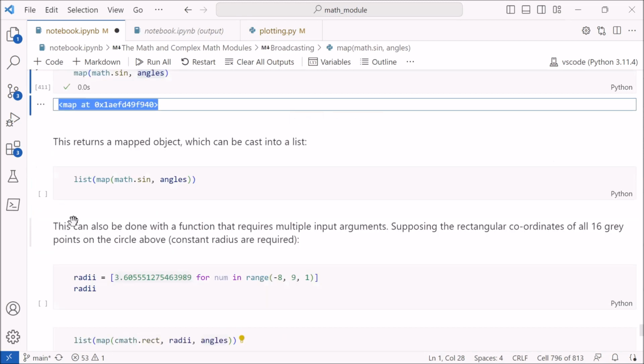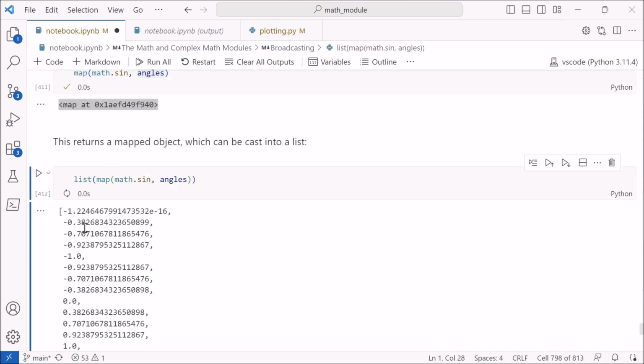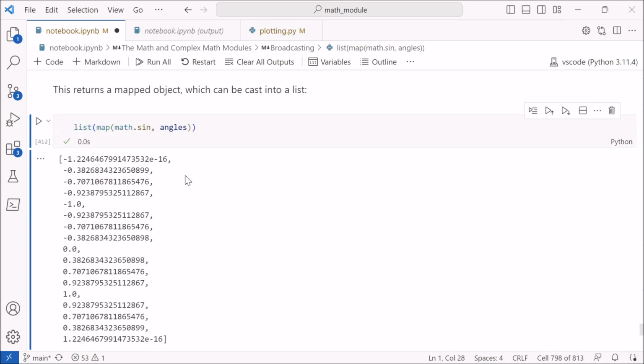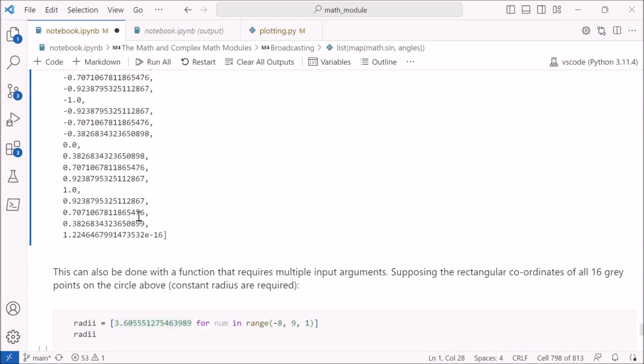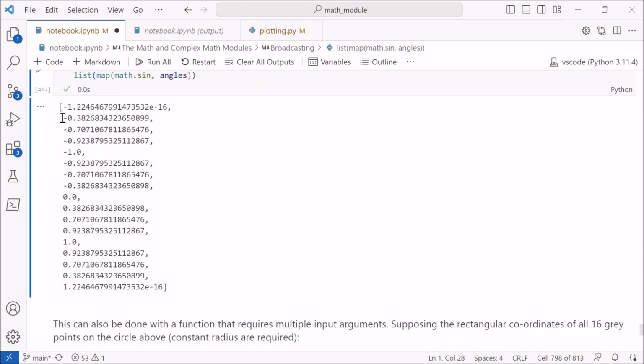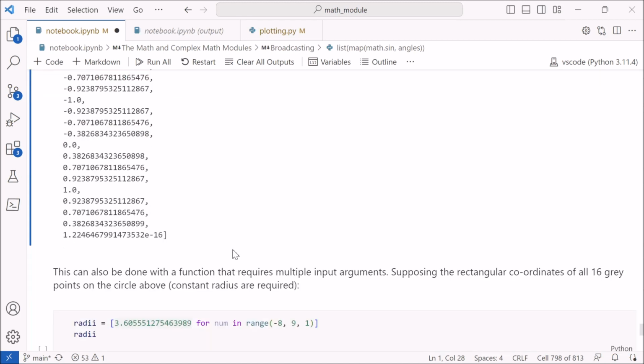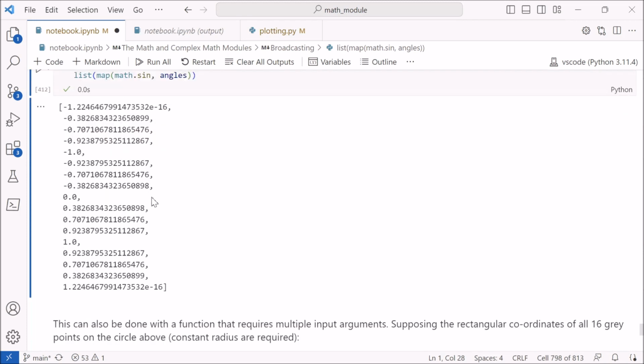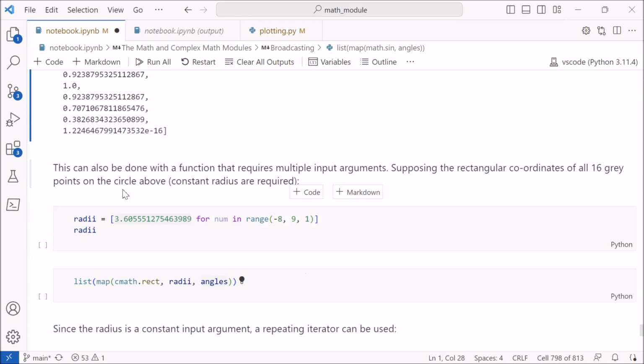This map object can be cast into a list, and it will retrieve the sine of each of these angles. So you can see a similar kind of trend to what was previously explored with the plots. And essentially this data was used to make the plots.